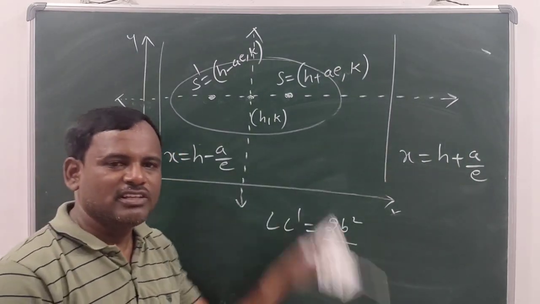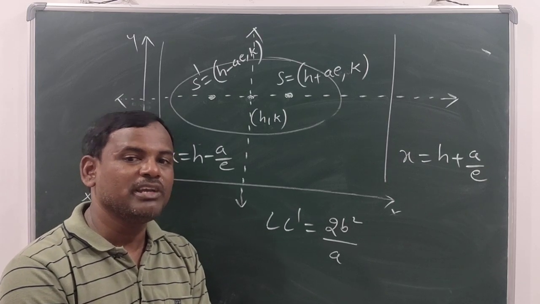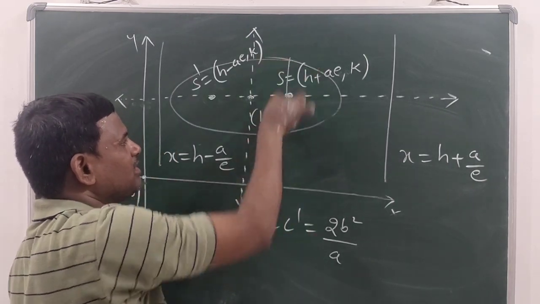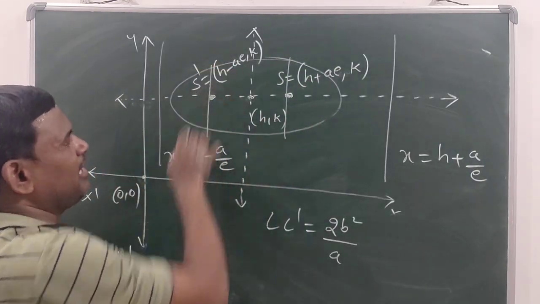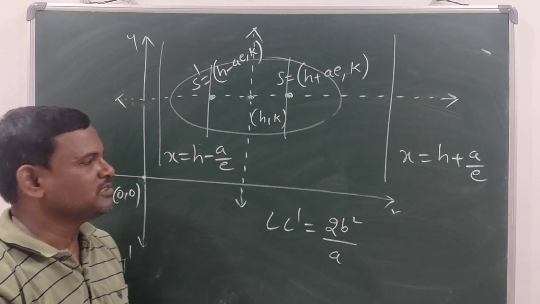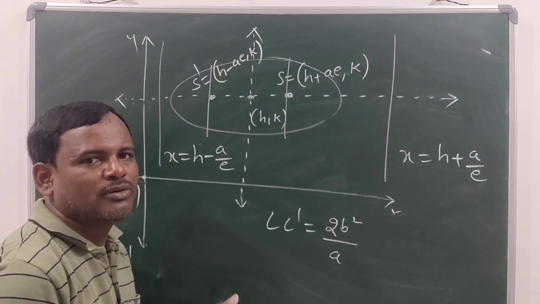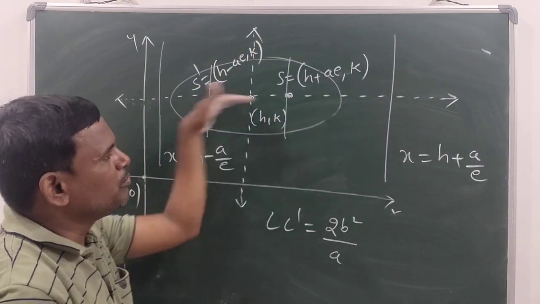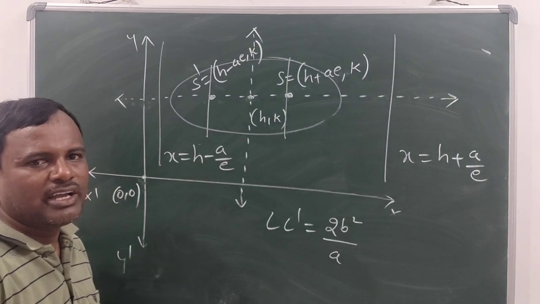Similarly, for this one also the length of the latus rectum is 2b square by a. And the equation of the latus rectum is x equal to h plus ae, and here x equal to h minus ae. Okay, students, so this is about an ellipse whose major axis is parallel to the x axis.